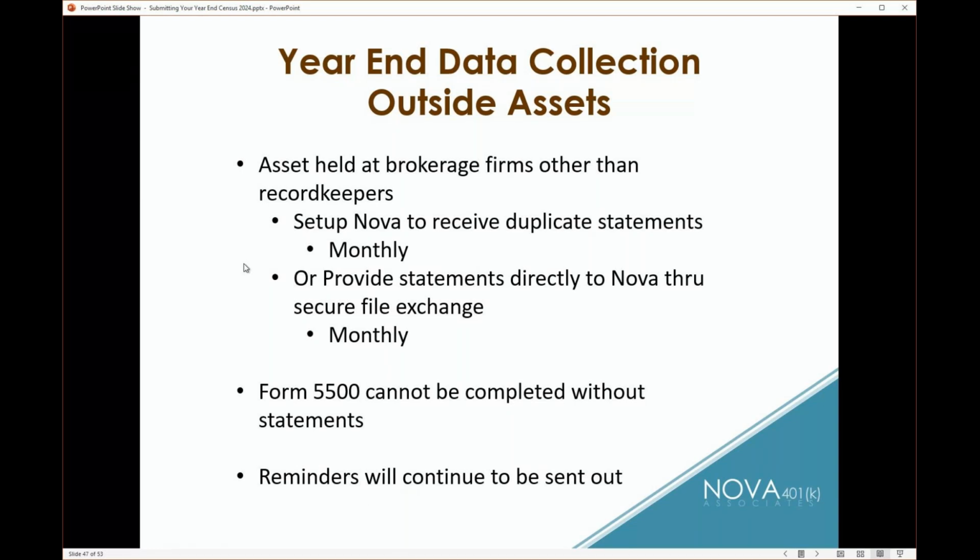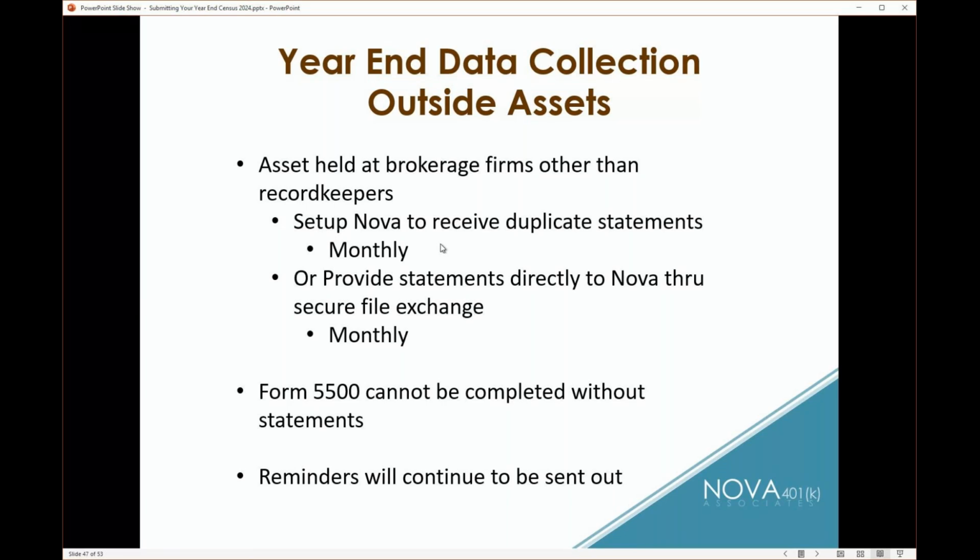If you have outside assets, meaning assets held at a brokerage firm rather than a main record keeper, like an online-based record keeper, so you use Bank of New York Mellon, Charles Schwab, or Vanguard brokerage firms. If Nova is not set up to receive duplicate statements, whether monthly or quarterly, please set us up.